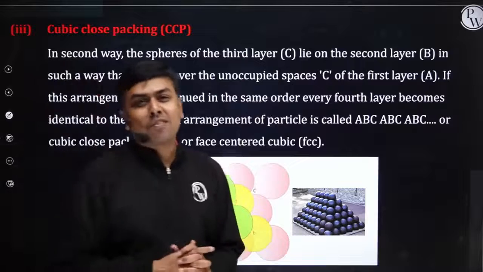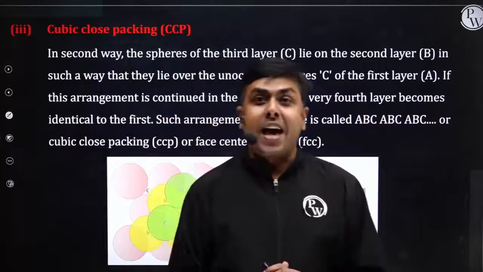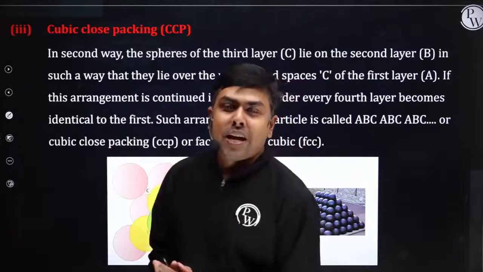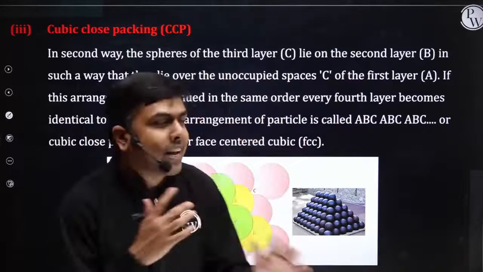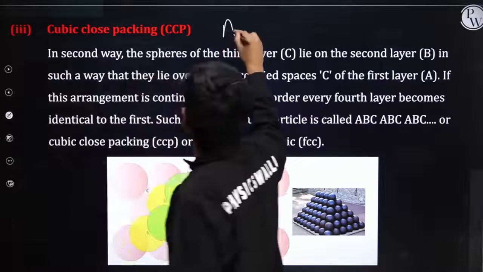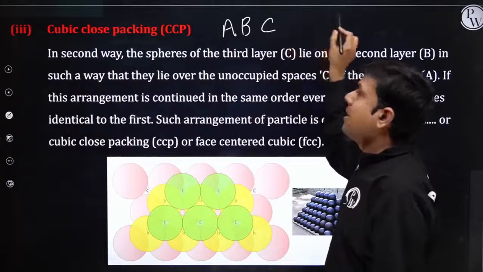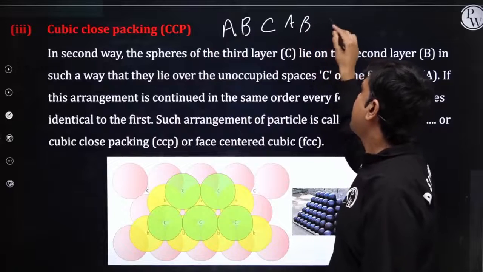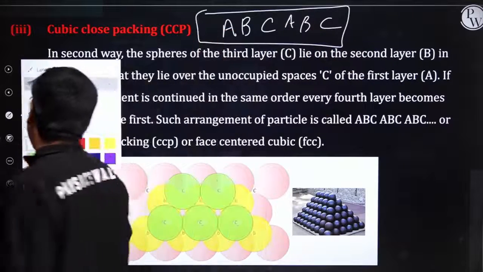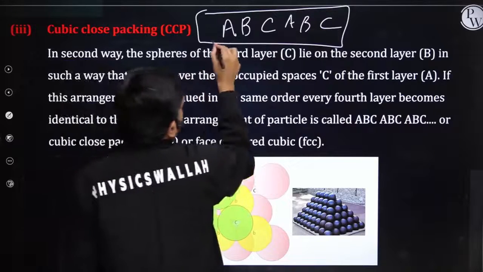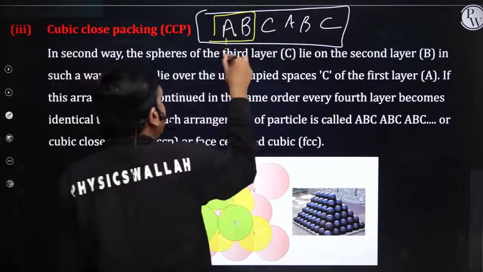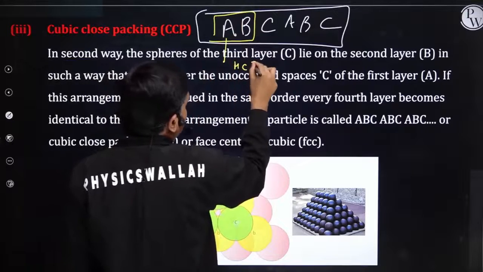Students, now let's focus on the third type of arrangement that we do in 3 dimensions. This particular arrangement is referred to as ABC ABC arrangement. Students, already we have studied this AB arrangement in 3 dimensions, and it was giving us HCP.